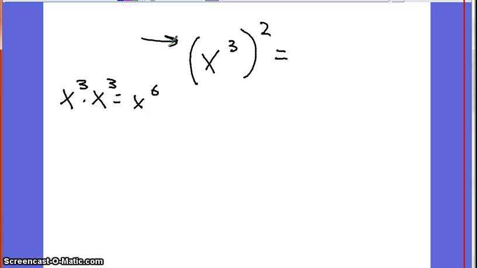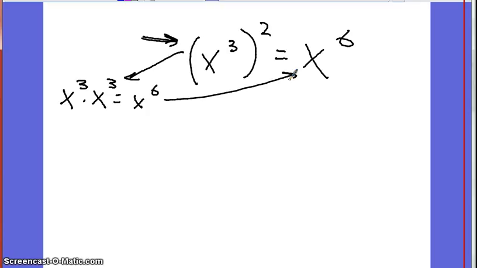In that sense, 3 times 2, which is 6. So our answer is x to the 6. So you will sometimes multiply your exponents instead of adding them, but your parentheses indicate that that's what you're doing. You need to be aware of that when you're doing today's lesson.